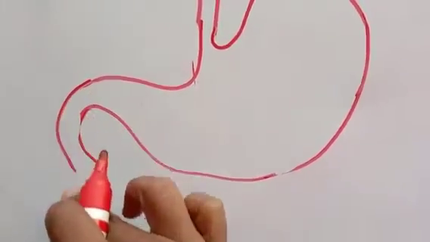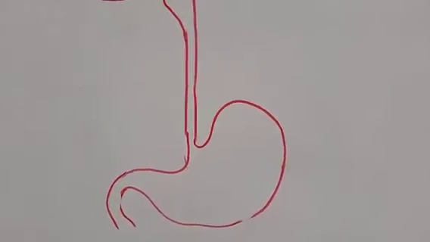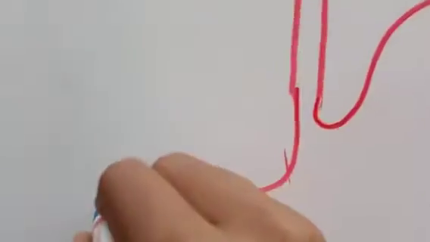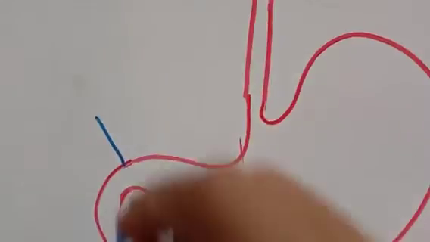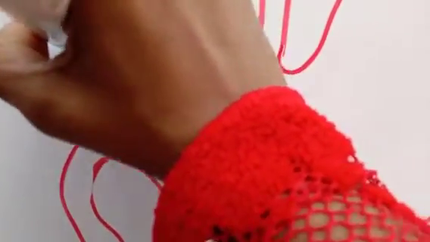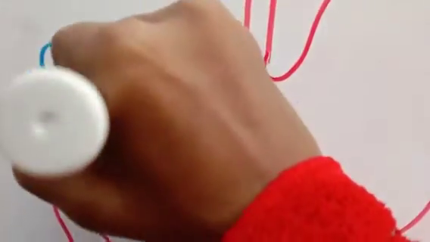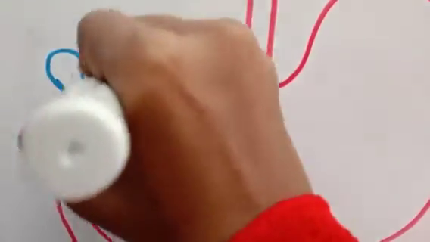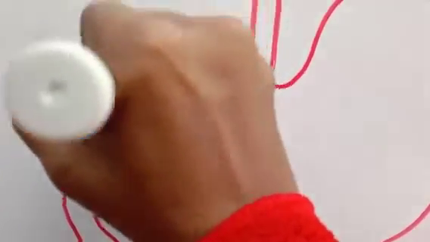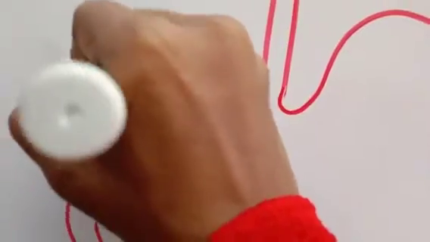Here there is a liver. The liver is the most important part of our body, which is attached to a gallbladder. This is the gallbladder, what I am drawing.